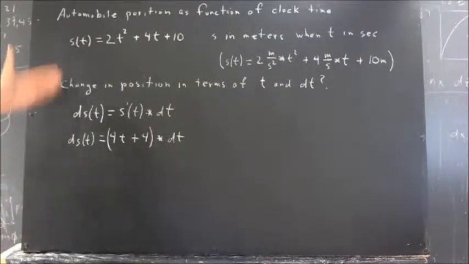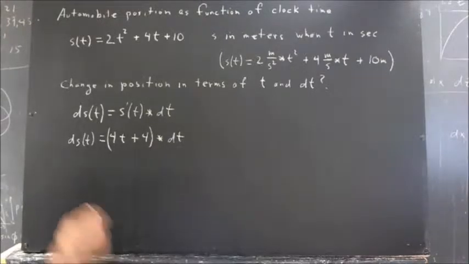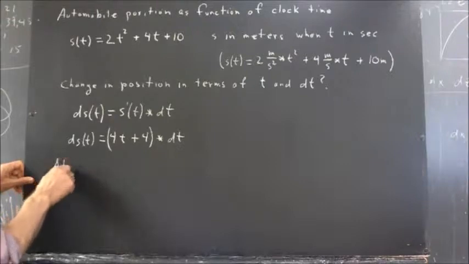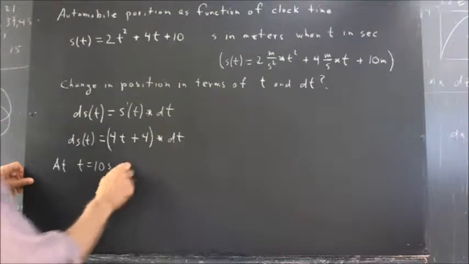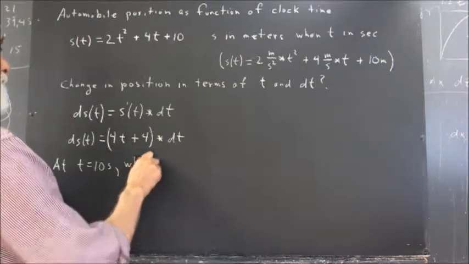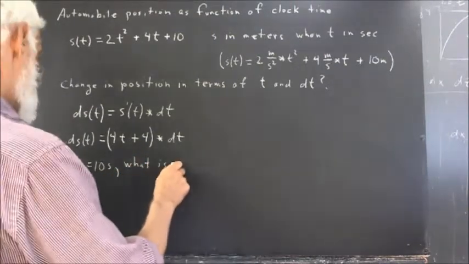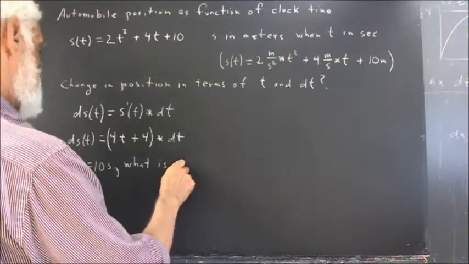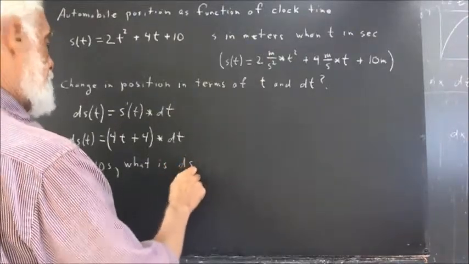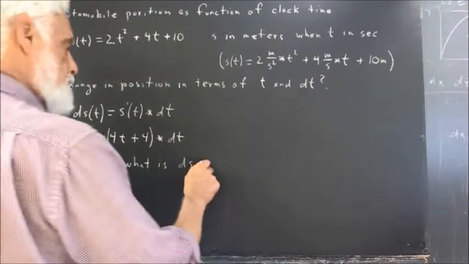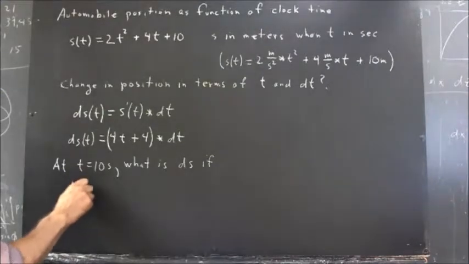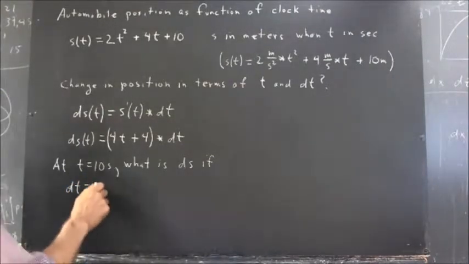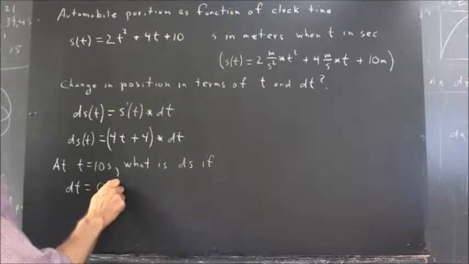Okay, so let's apply this to a specific case. Let's say at t equals 10 seconds, what is ds if dt equals 0.4?